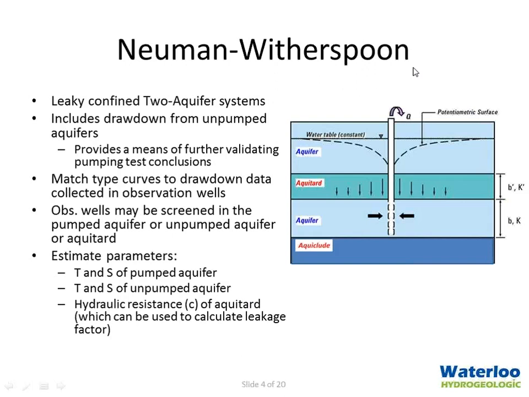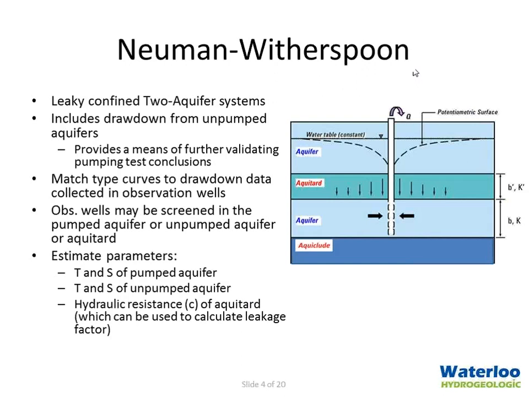So in this new version, we've added support for the Neuman-Witherspoon method, which allows you to analyze pumping tests from leaky confined two-aquifer systems. This analysis method includes the drawdown from the unpumped aquifers, which means it gives you further means to validate your pumping test conclusions.